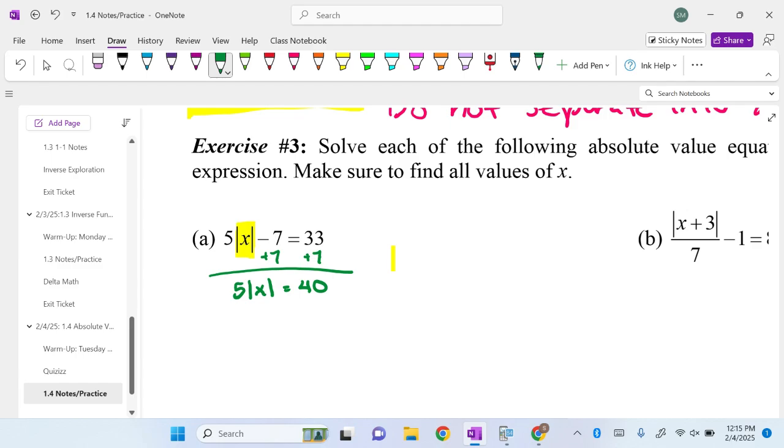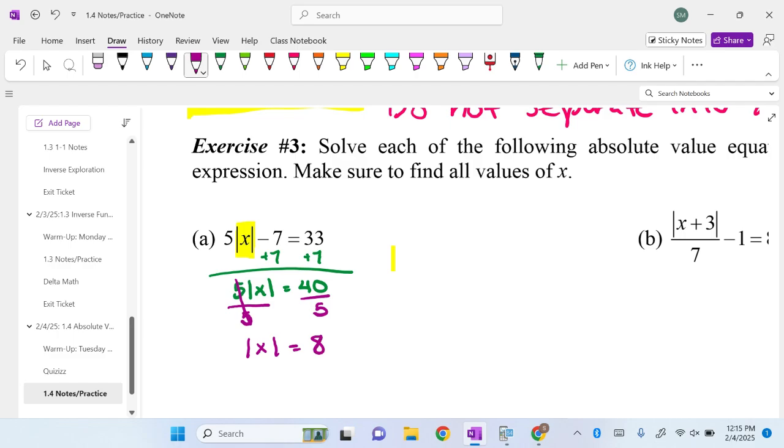Divide by 5. Why are we dividing by 5? What operation is the 5 doing to the absolute value of x? They're being multiplied together, so the opposite would be dividing. So we're going to divide both sides by 5. So I get the absolute value of x is equal to 8.